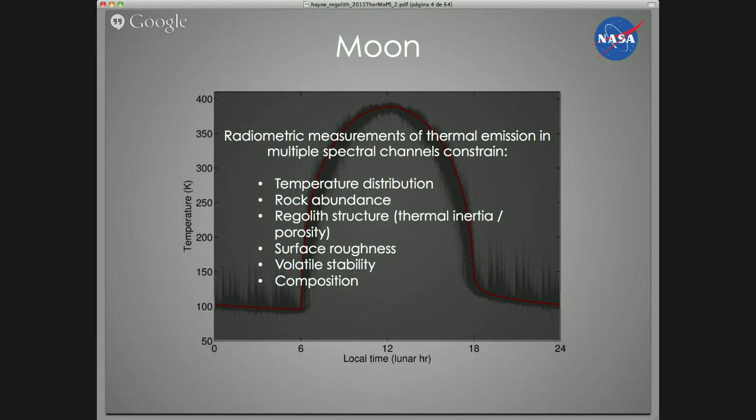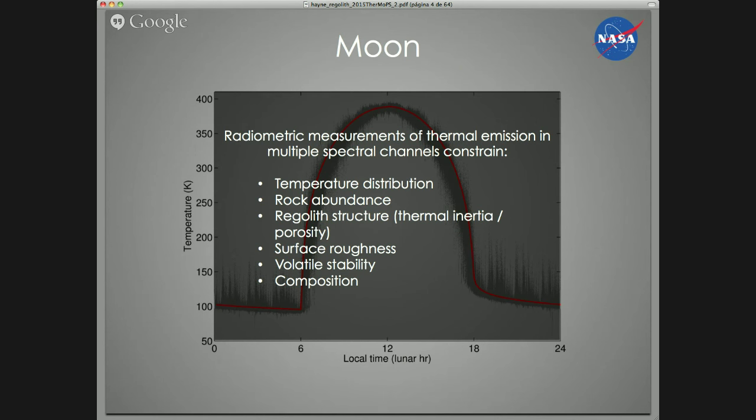The surface roughness is a huge effect on airless bodies. This has implications for volatile stability, which is a whole different talk. Lior is going to talk about that after Rebecca Gent's talk, in 3 talks. And from thermal infrared measurements, we also get constraints on composition, which the Oxford group will talk about in more detail this morning.